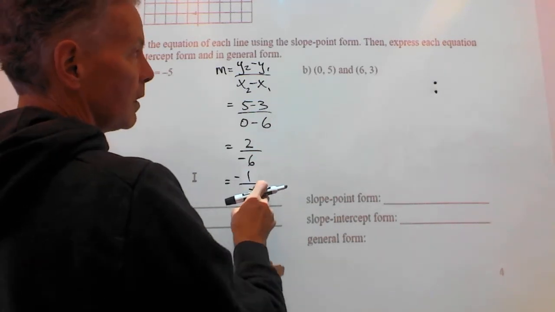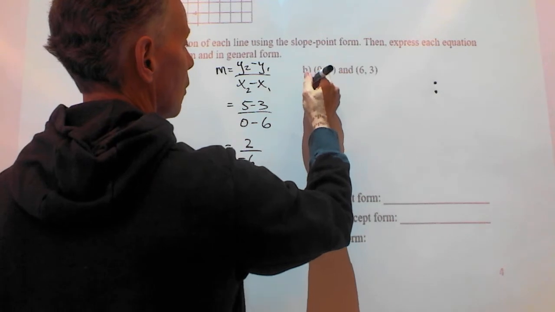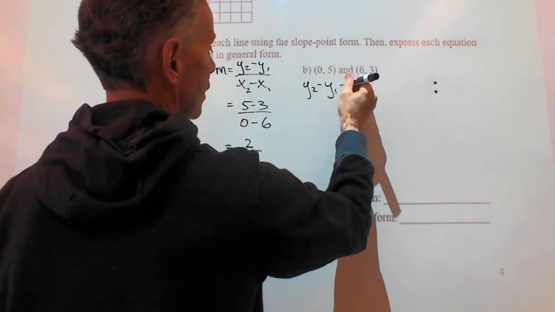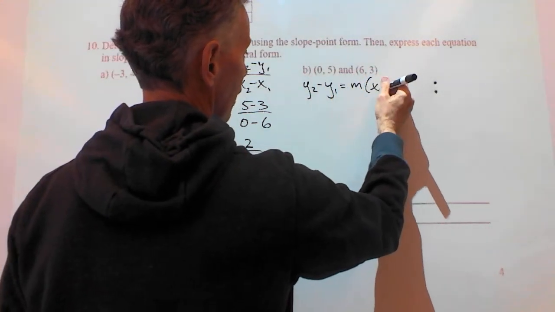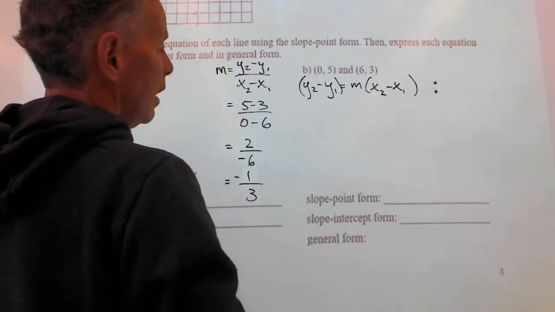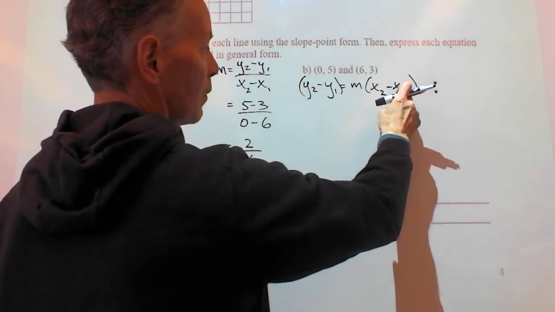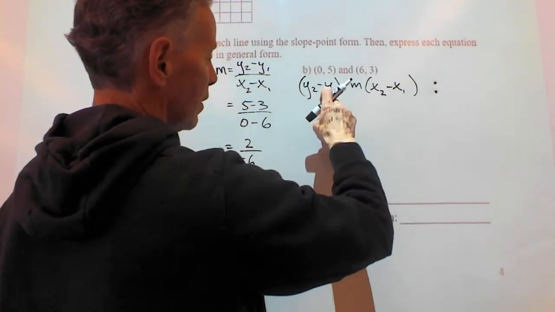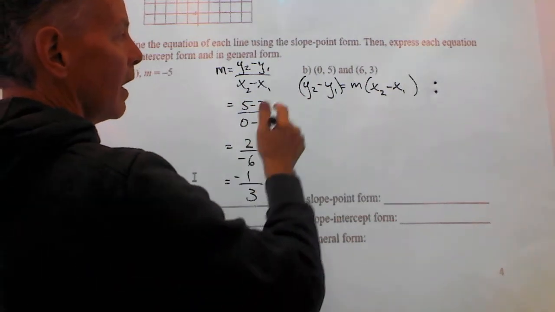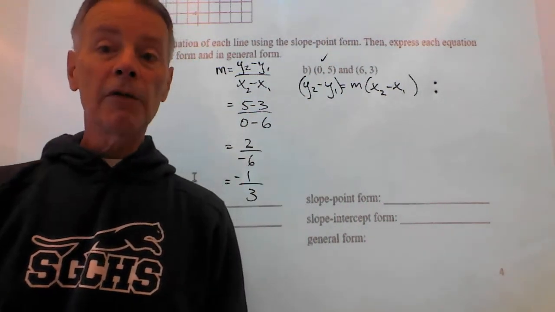So to put this in point slope form, again, remember, y2 minus y1 equals the slope times x2 minus x1. Your slope goes here. Your x and y coordinates are the second point in each case. And I'm going to pick this one because it's got a 0 in it, and that's going to make my life a lot easier.